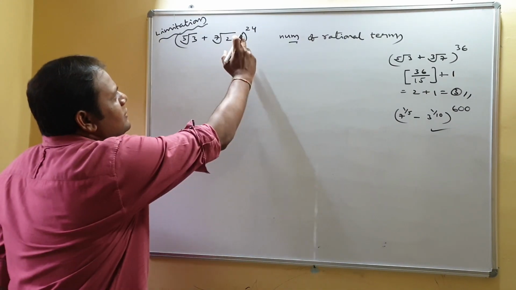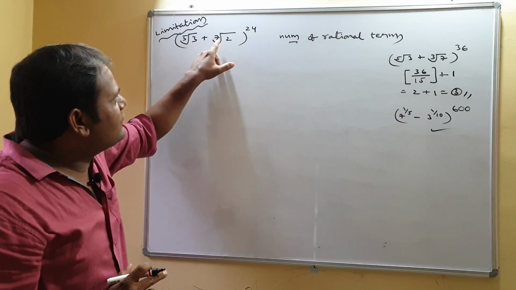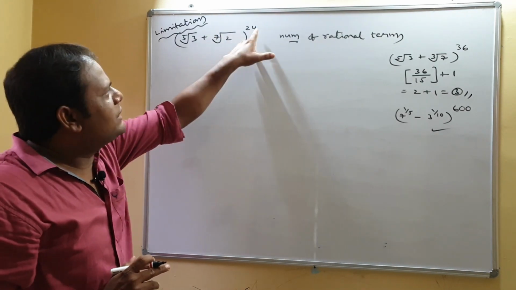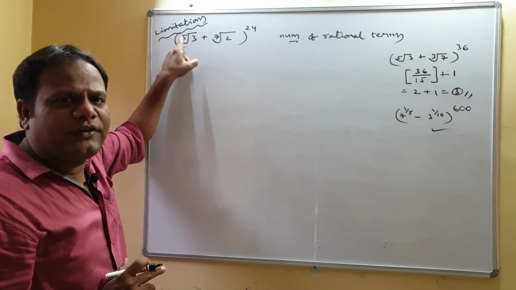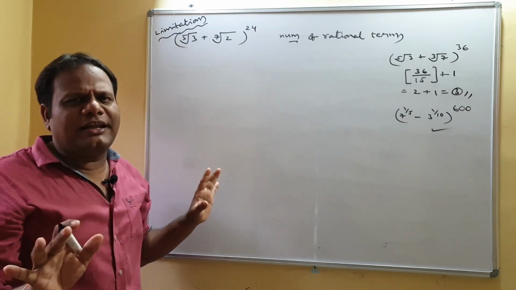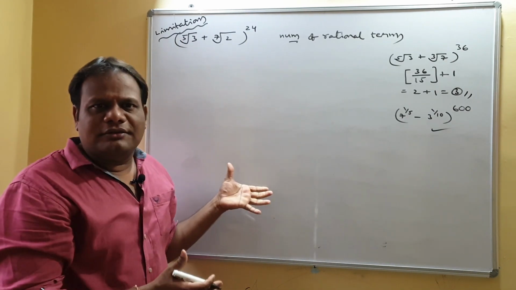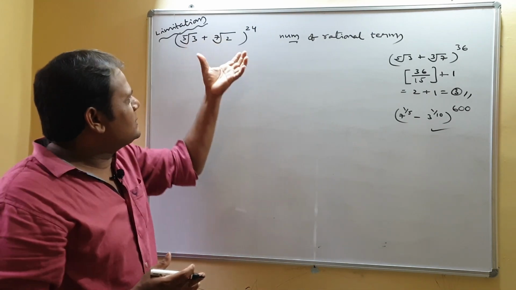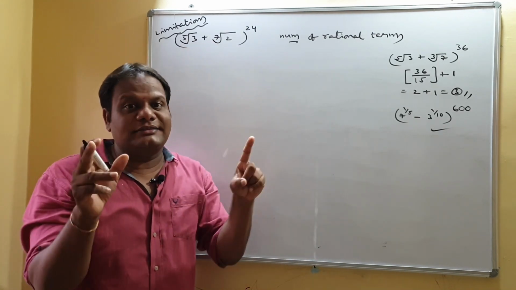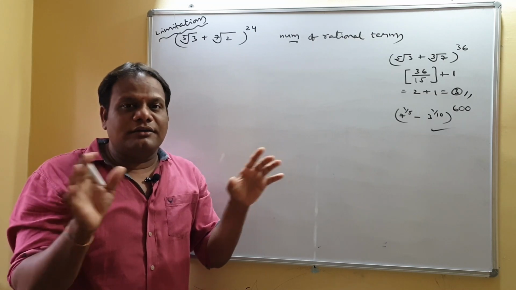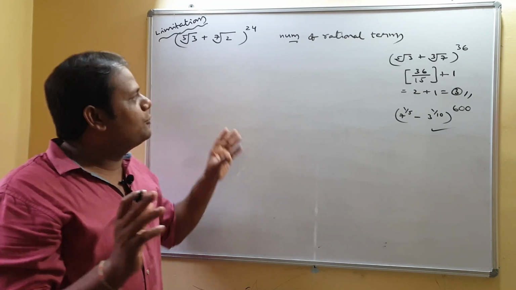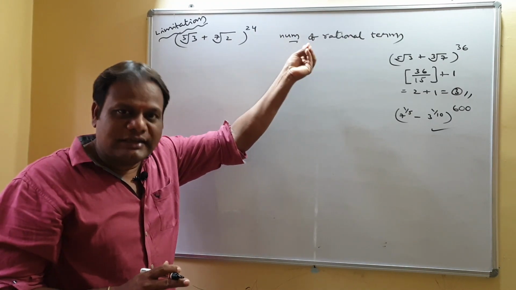Is 24 completely divisible by 7? No. Is 24 completely divisible by 5? No. By that time, better you go for the regular method. But you don't apply the shortcut. Sometimes you may get the answer, not for all the times. So better you go for the traditional method.